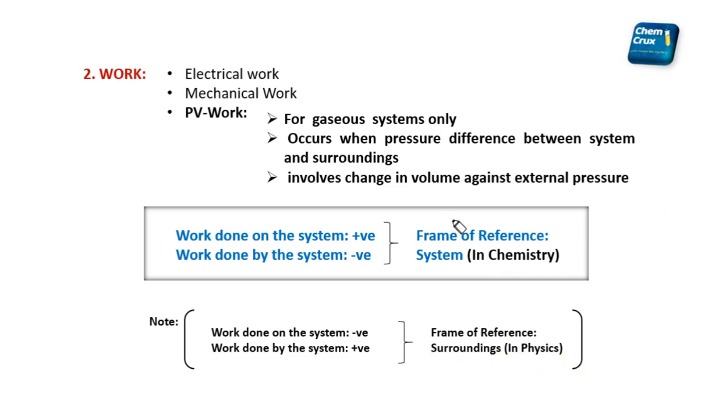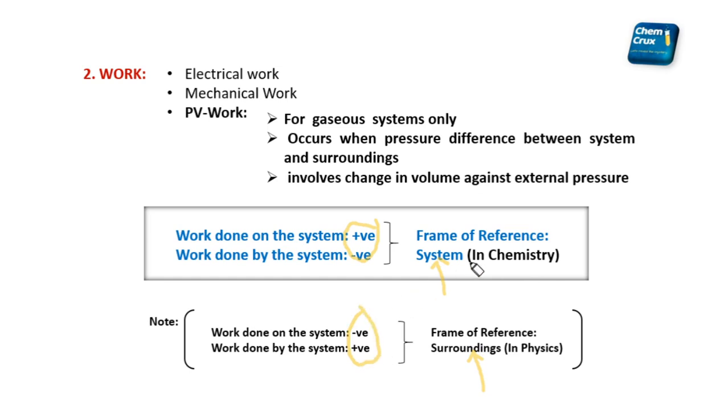So, frame of reference is actually the viewpoint, that is from where you are viewing the system. So, in chemistry, you are viewing the system from within the system itself, whereas in physics, you are viewing the system from the surroundings. Since the viewpoints are different, that is the frames of reference are different, the sign conventions are opposite in chemistry and physics.